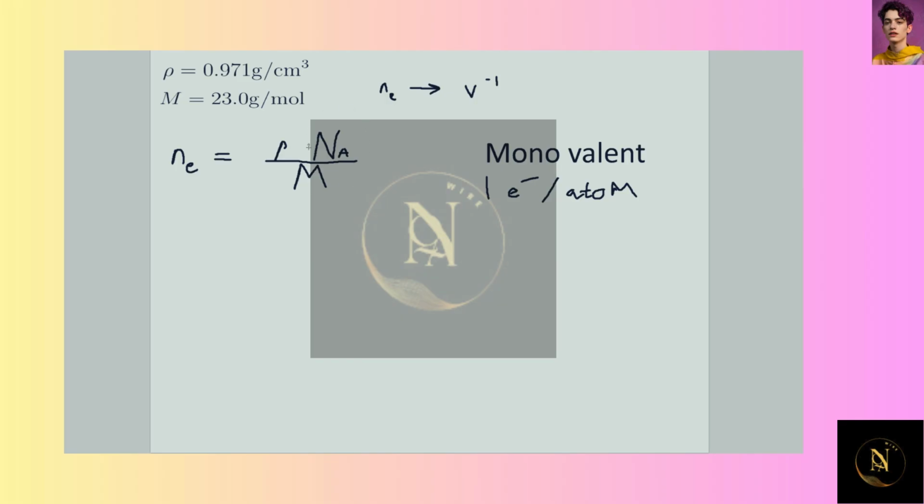So we have number of atoms being analogous to number of electrons in the sample because of this monovalency of sodium.